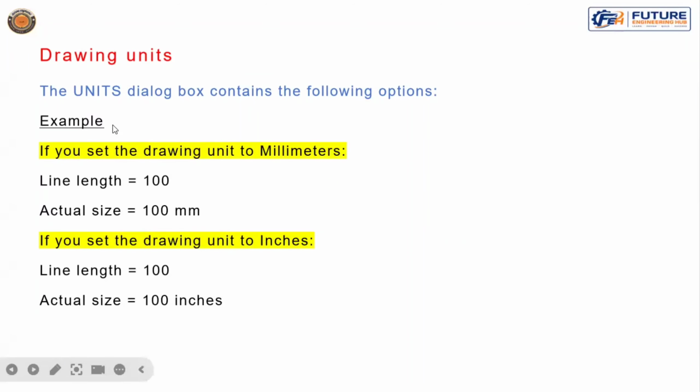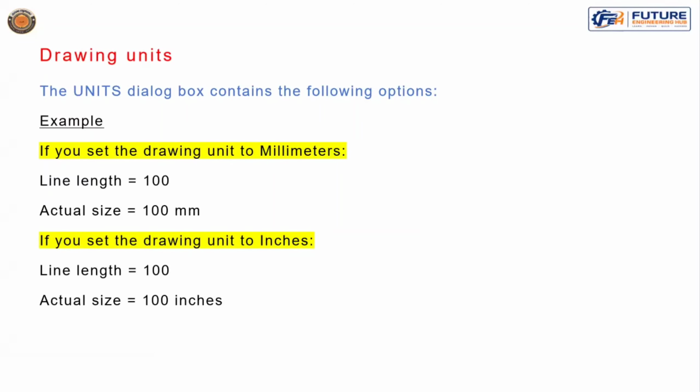See example. If you set the drawing unit to millimeter, a line of length 100 has actual size 100 mm. If you set the drawing unit to feet or inches, a line of length 100 has actual size 100 inches. Clear up here? For millimeter, 100 millimeter; for centimeter, 100 centimeter. Clear up here? 100 inches, 100 feet.